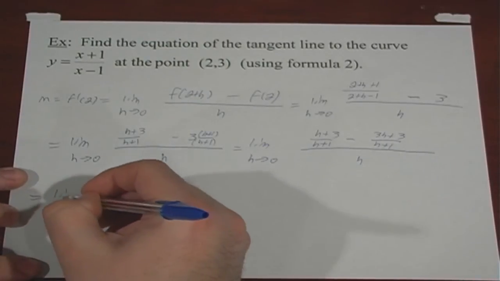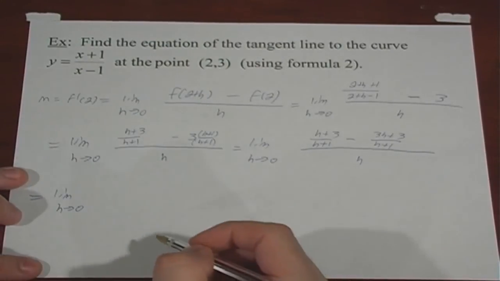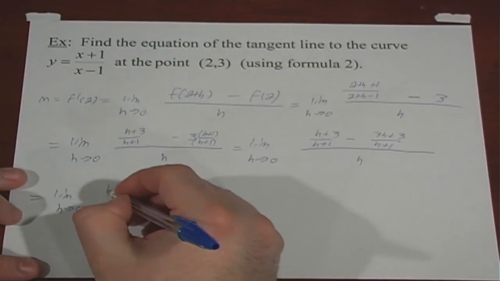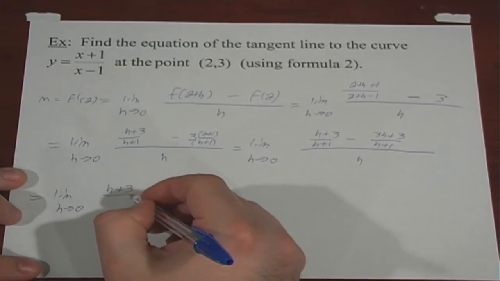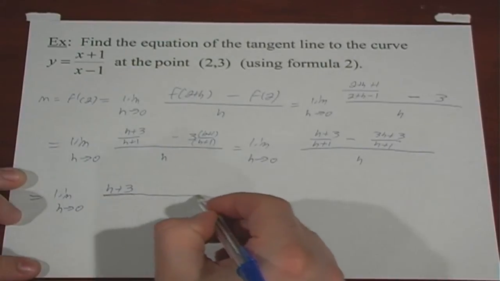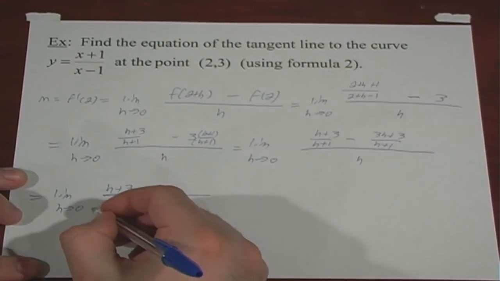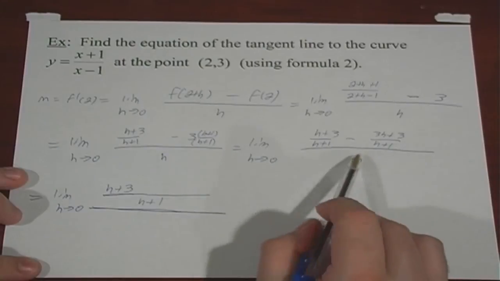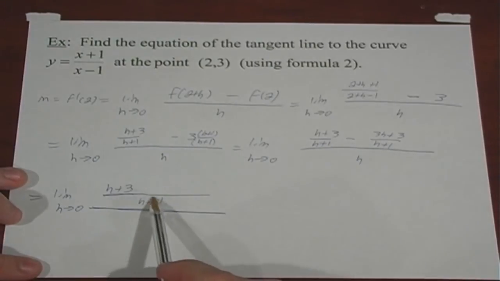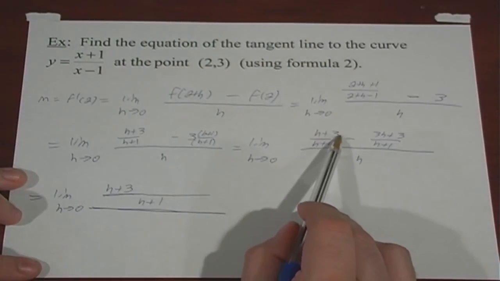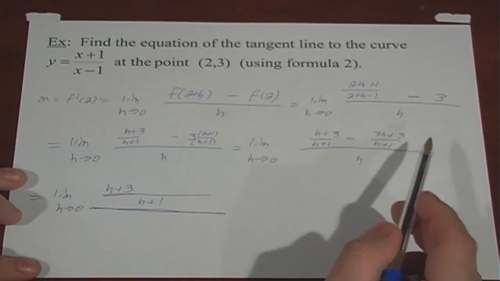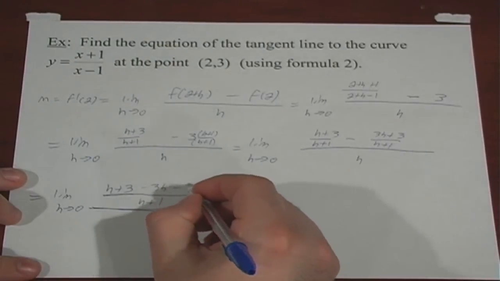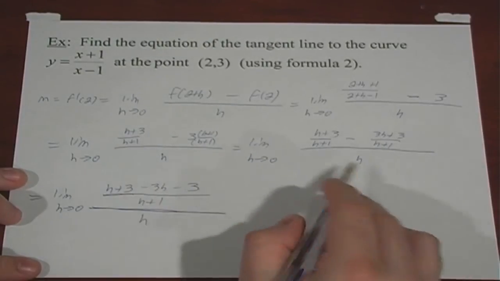So this is the limit as h goes to 0 of h plus 3 over, well, here's what I'll do. I'll write it so that it has just one denominator, h plus 1 is a common denominator. Since they both have the same denominator, that's the denominator of the answer. And then you do h plus 3 minus that stuff. And when you minus that stuff, distribute the minus. So it's going to be minus 3h minus 3. And the denominator down here is h.